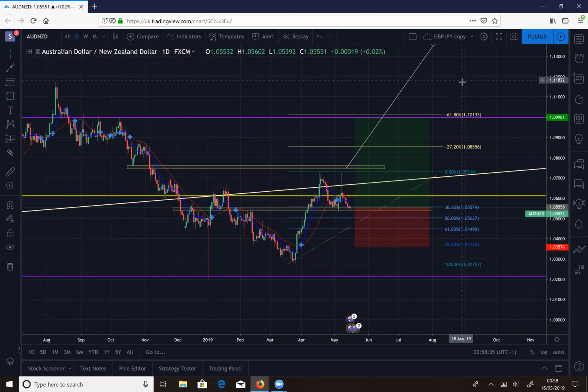This could happen much sooner, but for me, anything over 100, 150, 200 pips of a target, I won't bank on it happening soon. With pips, the sooner the better, yes, but patience is a virtue. Okay then, so that's Aussie New Zealand.